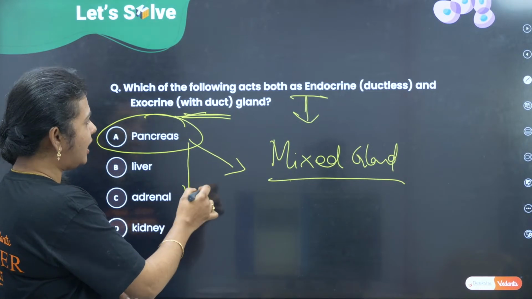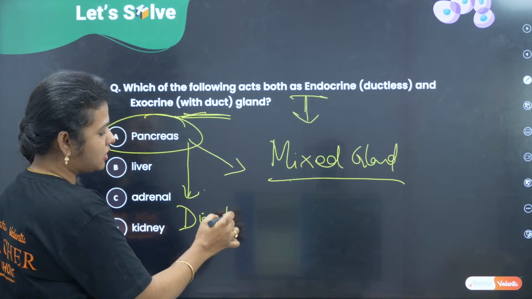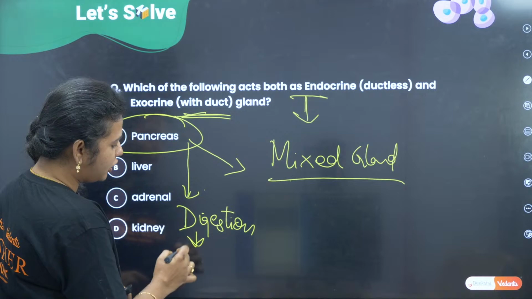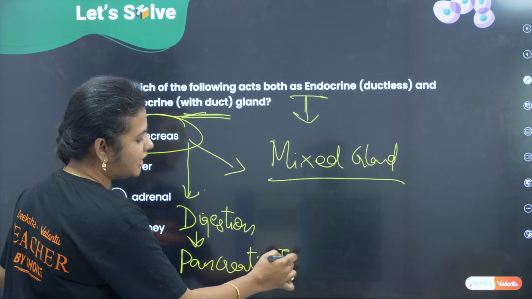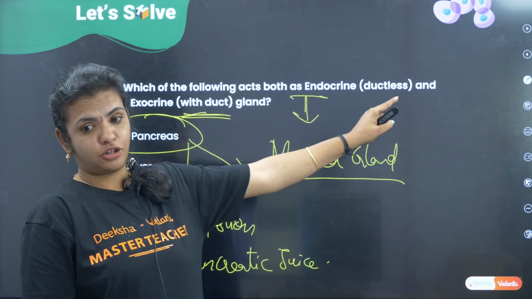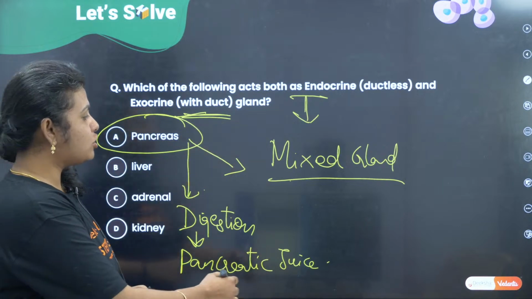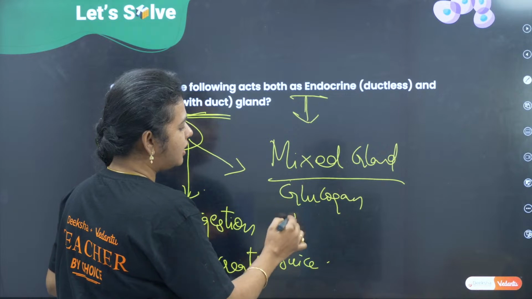When I talk about the exocrine functions, it is mainly going to be dealing with the digestive system. So here it is going to produce pancreatic juice. Okay, the secretion is pancreatic juice. Okay, when I talk about the endocrine function of the pancreas, it is going to produce hormones, mainly glucagon and insulin.